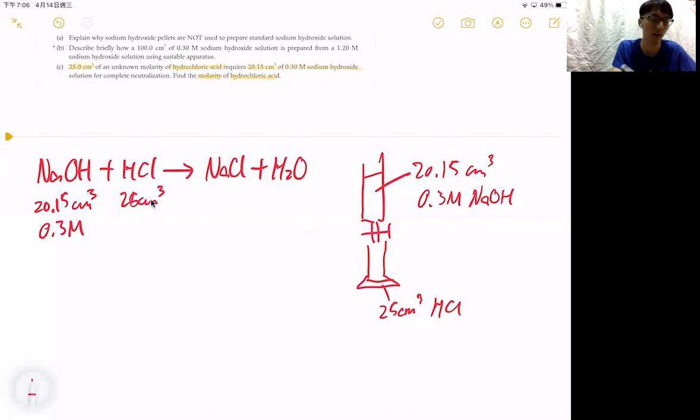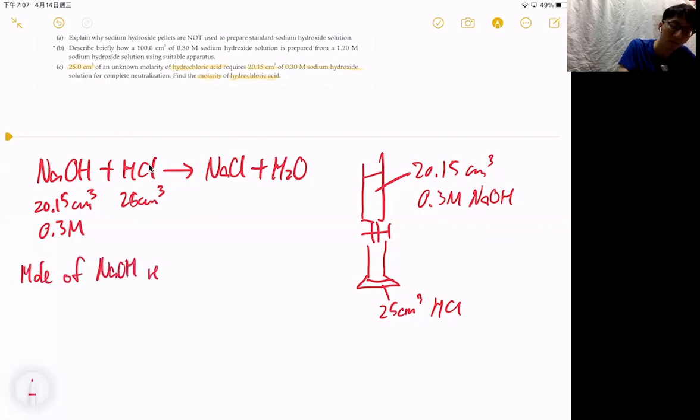If we want to calculate the molarity, first of all, we need to find out how many moles are inside 25 cm³ of hydrochloric acid. So first, we calculate the moles of sodium hydroxide reactant. We have the volume and also the molarity.